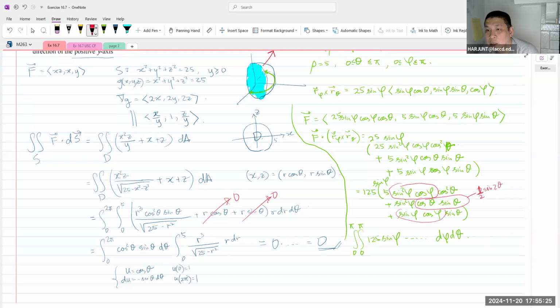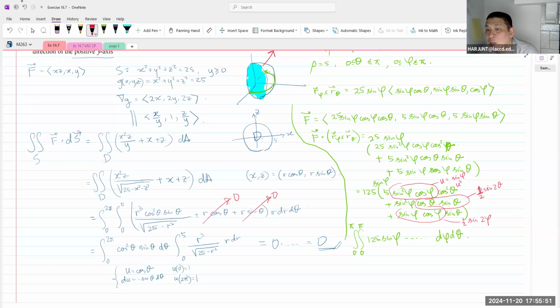When you integrate this, it will be 1/2 sine 2 phi, whose period is pi. So when you integrate with respect to phi from 0 to pi, it will be 0. Now here when you do substitution with u equals sine phi, you will get u cubed.